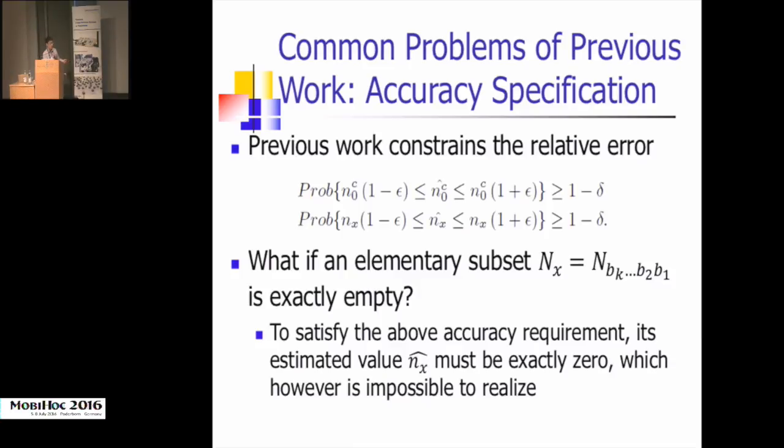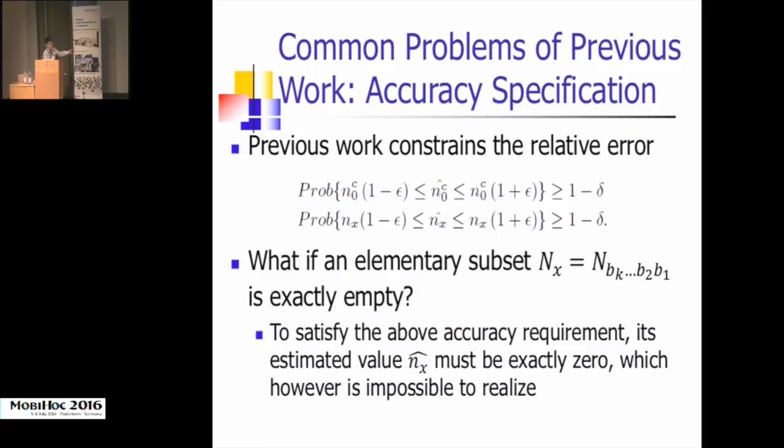And we found that it's incorrect to use the relative error model, because for an elementary subset nx, it can become exactly empty. Its size can become 0. In that extreme case, if we want to satisfy the above accuracy requirement, then its estimated value nx hat must be exactly 0.